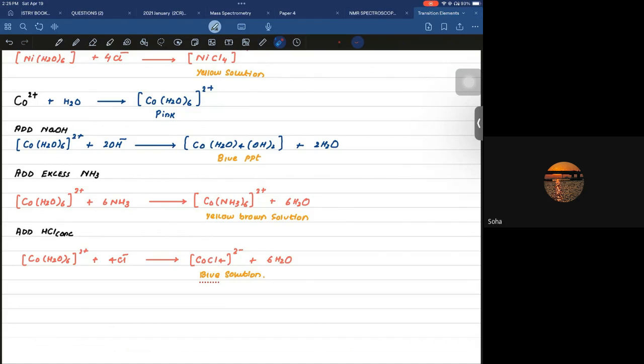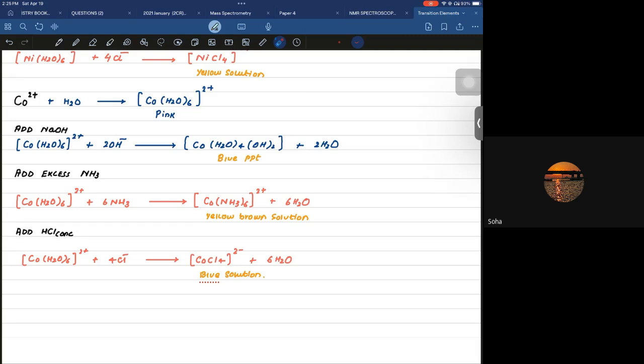You know, the size of the chlorine ligand is more than that of water. So you cannot add more than 4 chlorines around any metal. It's just like that. The size of a chair is larger, so how can you add more chairs around your dining table? It's not possible.